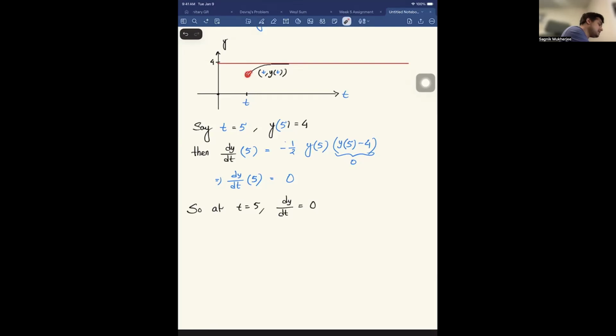That means it is increasing, increasing, increasing, and then it touches 4, say at 5, right? But as soon as the value of y becomes 4, dy/dt becomes 0, meaning the function is attaining a constant state, meaning it will keep being 4 from that point onward.